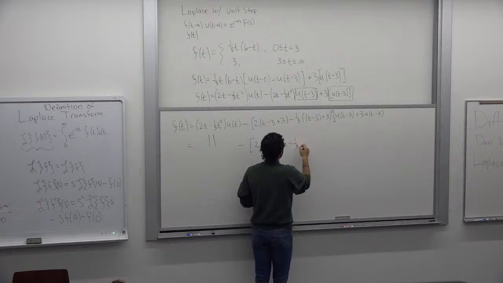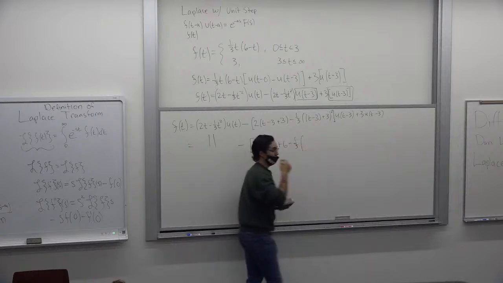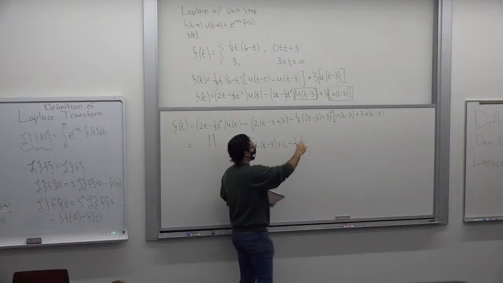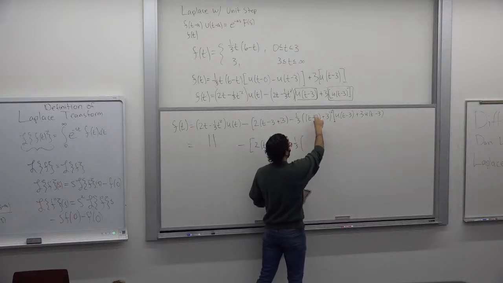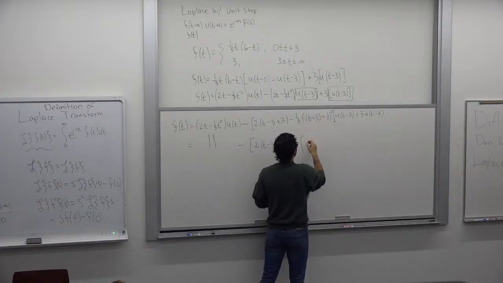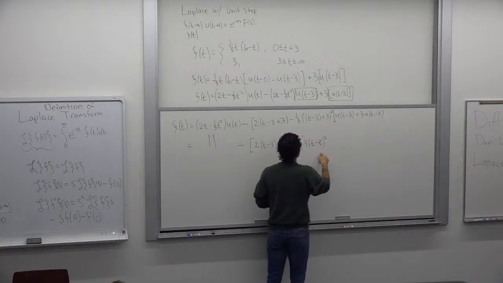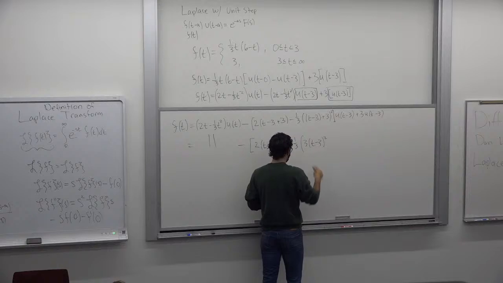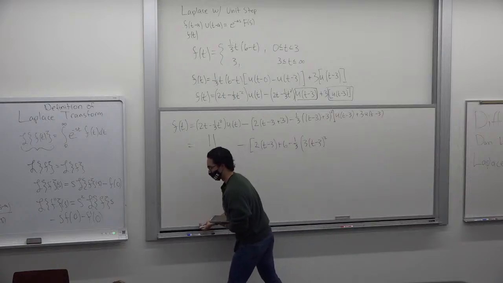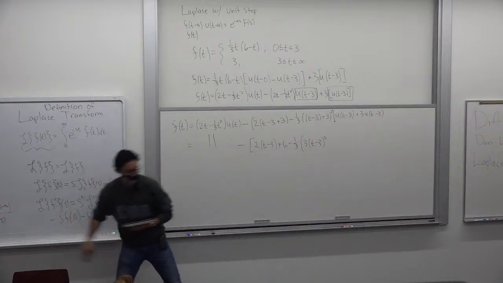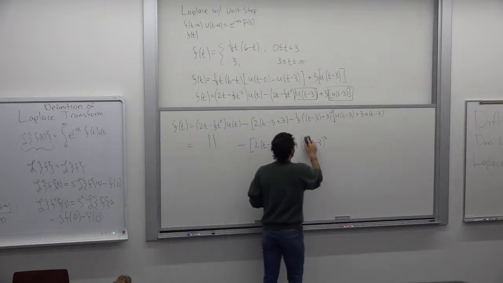Minus 1/3, and then this is going to be really tricky. So I'm going to FOIL this out. So it's going to be 3 times (t minus 3) squared. That's not right. Where's my eraser? Here it is. A new eraser. Alright.